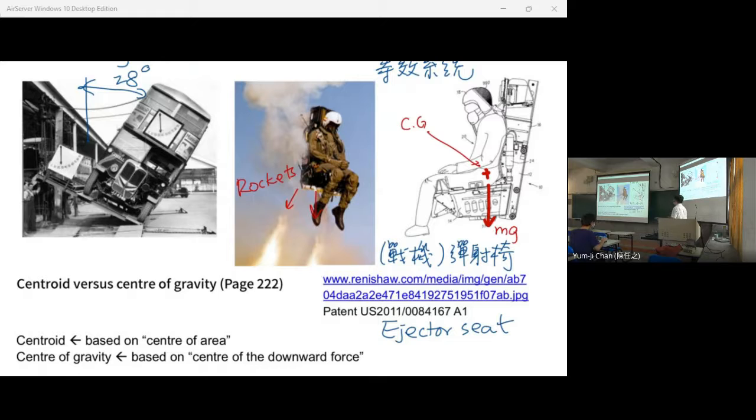If the rocket force goes in this direction, what would happen? Think about it.